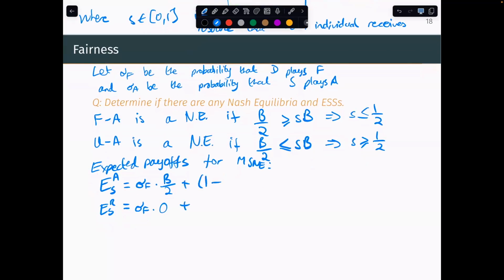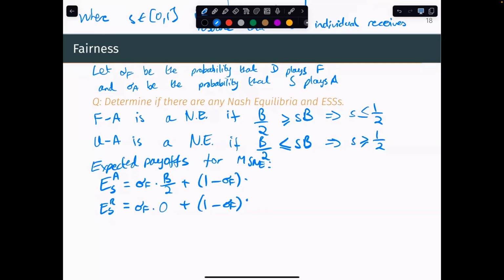And then plus 1 minus the probability of a fair share, so 1 minus sigma F, times by the payoff to the subordinate individual in the case it accepts an unfair share, which in this case is 1 minus S times by B, and is going to be 0 if it rejects. We'll leave it in that form. So payoff is always 0 if it rejects.